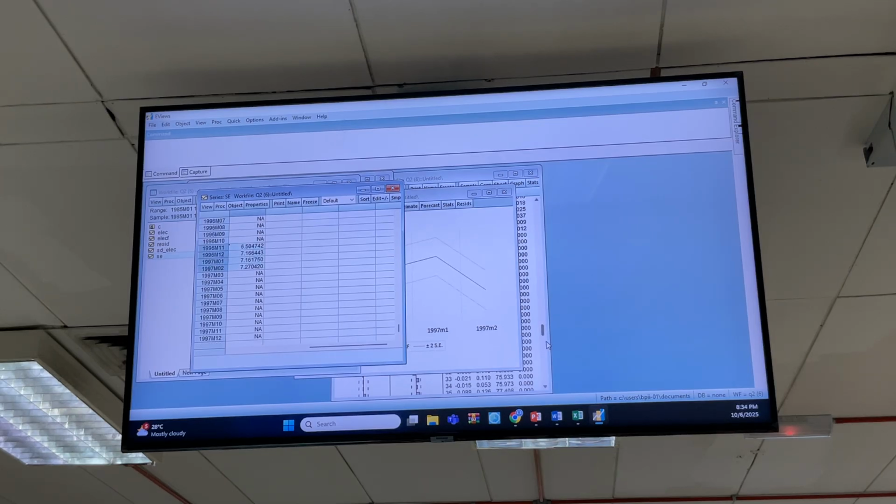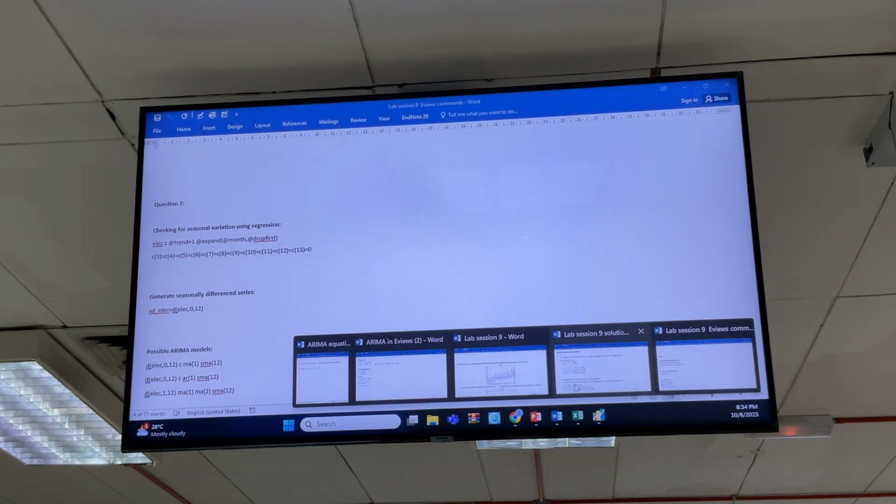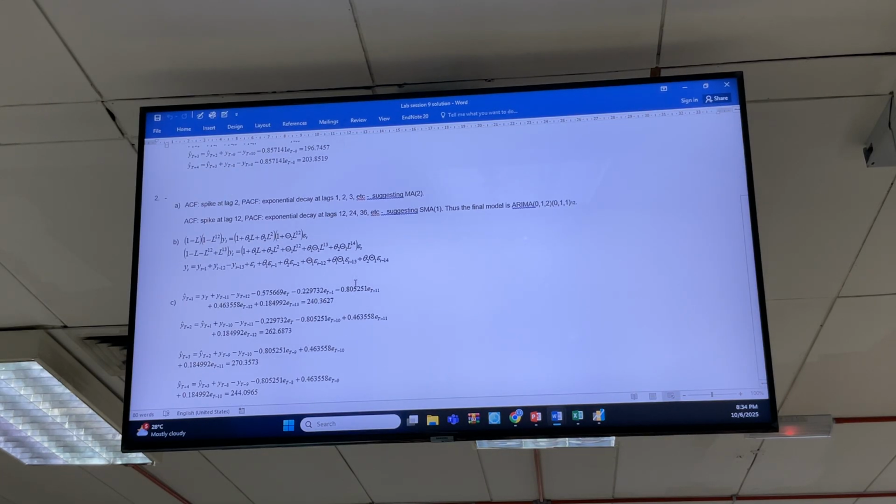Alright, if you want to calculate manually, then you have to write the forecast equation first. We have both seasonal and non-seasonal differencing, and then MA2 times MA1, you multiply that, expand, and from here you identify the forecast equation.